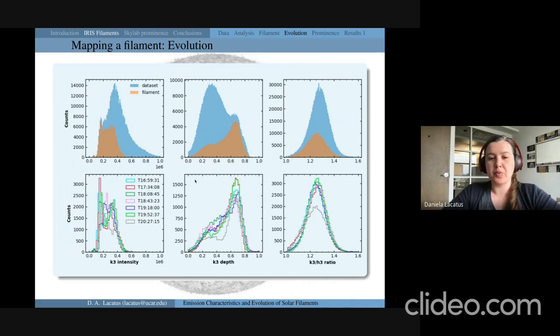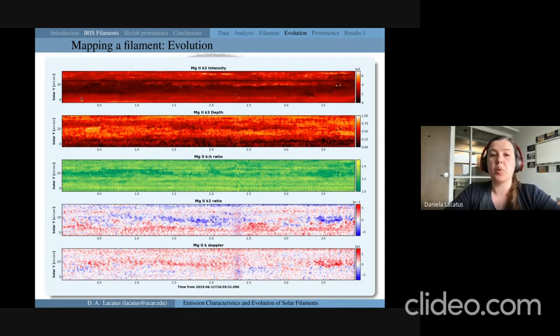But as the filament itself evolves, the variation of these observables varies quite a bit. So at the beginning, it's dominated by very low intensities, as we can see from the image too. We have a very extended region where there is a lot of filamentary material contributing to the emission, while later on we have just a few bands or strands from the filament that are still visible within our field of view.